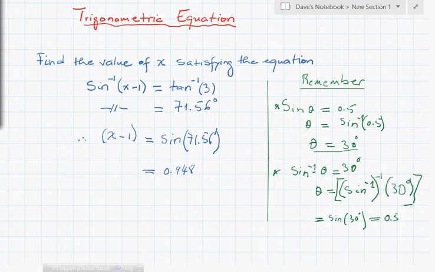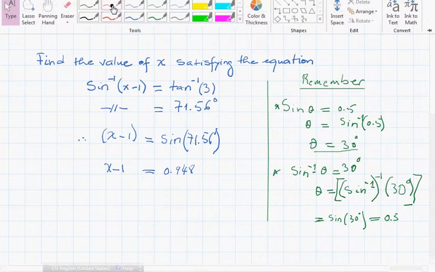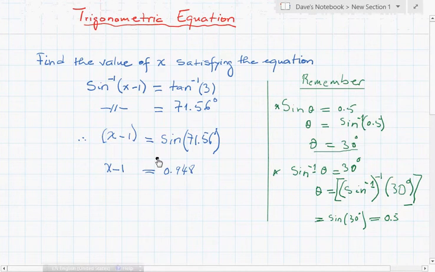To do that, we're going to add on both sides. Let me take a different color to make it clear for you to see. I'm taking the red color. We're adding +1 here and +1 on the other side.